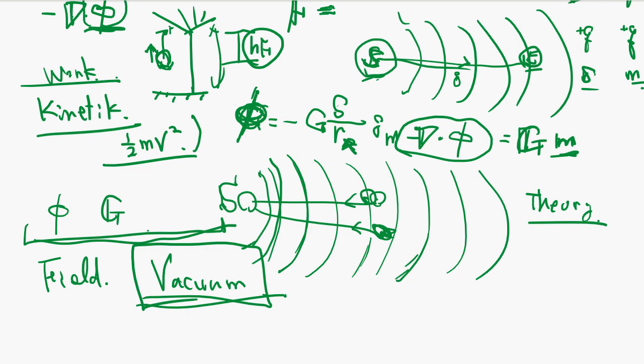We know the field is in the vacuum because gravity works across the vacuum space, and electrical force, magnetic force, act in the vacuum too. So when you say vacuum, the definition of vacuum is nothing, but there are a lot of things: electrical field, gravity field, magnetic field. Who knows what else? The field. Okay, so vacuum has a lot of stuff.